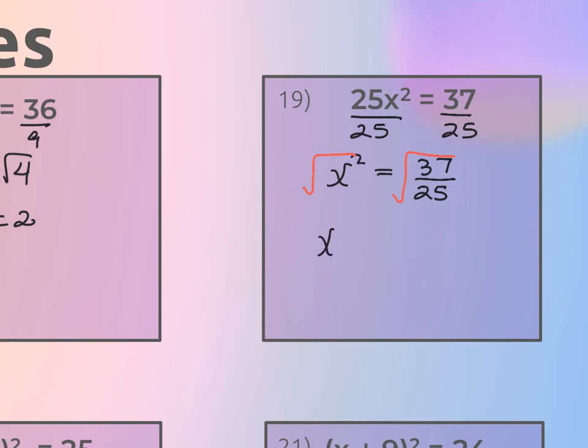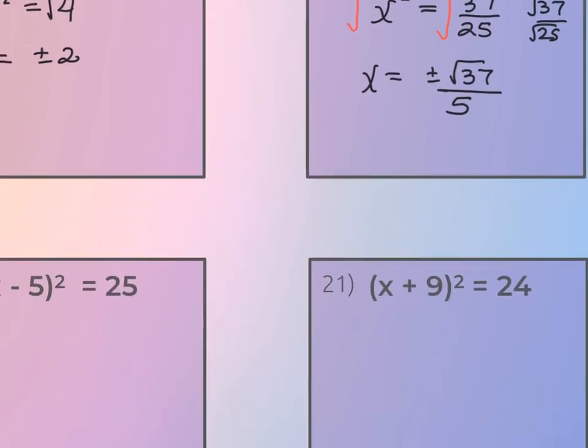And now x is equal to plus and minus. I can square root these individually. So then I'm left with the square root of 37 over 5. Remember, if there was a radical left in the denominator, we would have to rationalize, but 25 was a perfect square, so it came out.